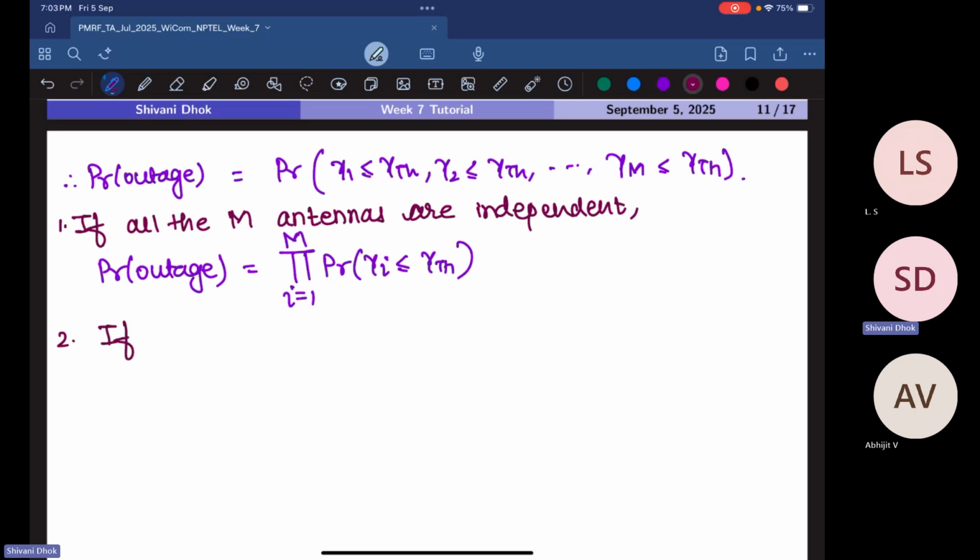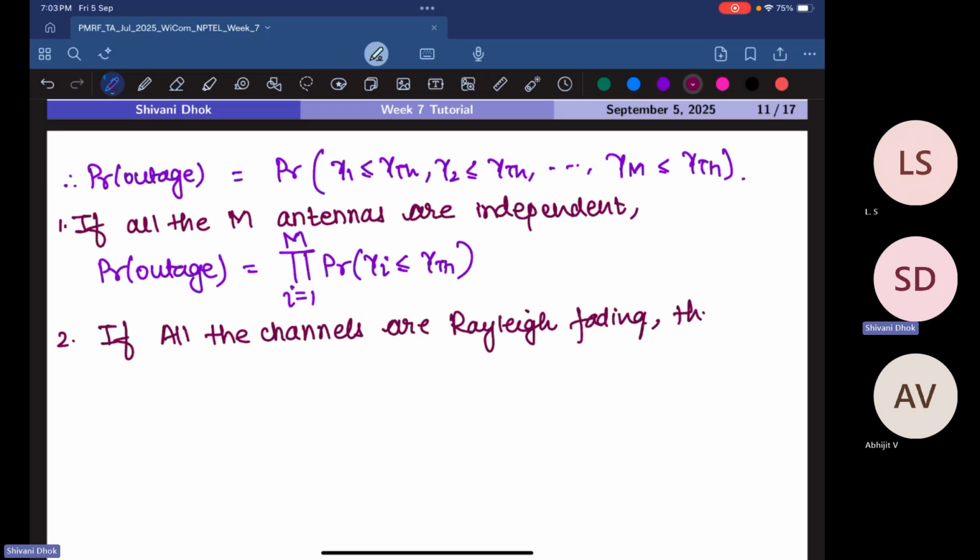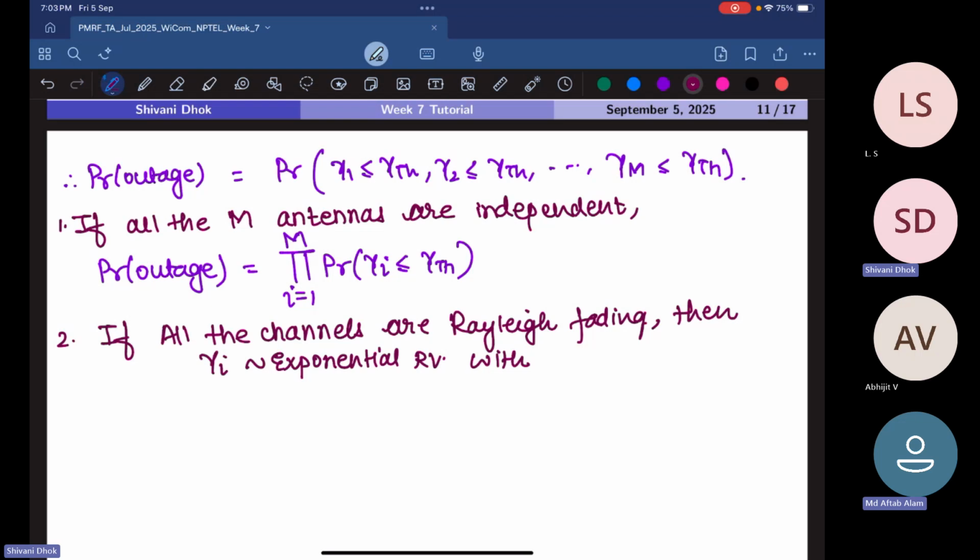Second thing, if all the channels are Rayleigh fading, then your gamma i is an exponential random variable, or a chi-square random variable with 2 degrees of freedom, with mean capital gamma i.